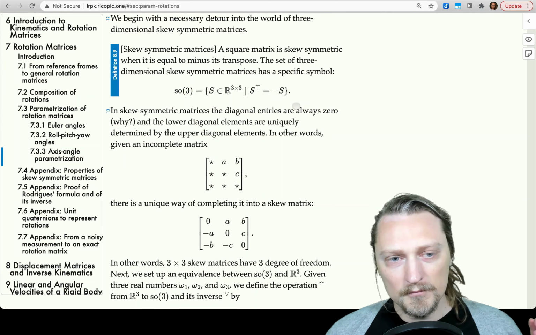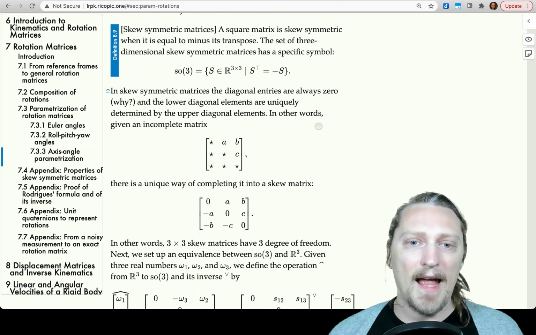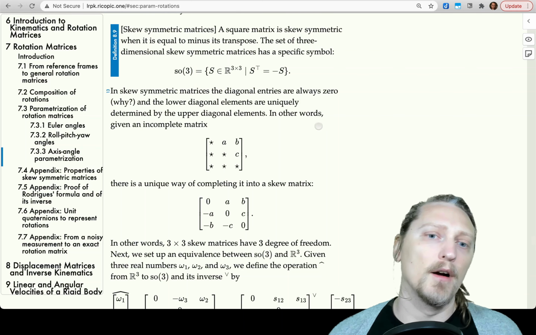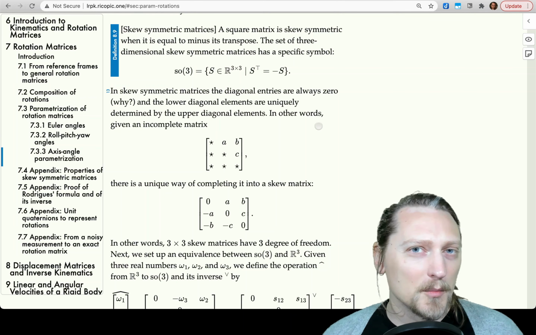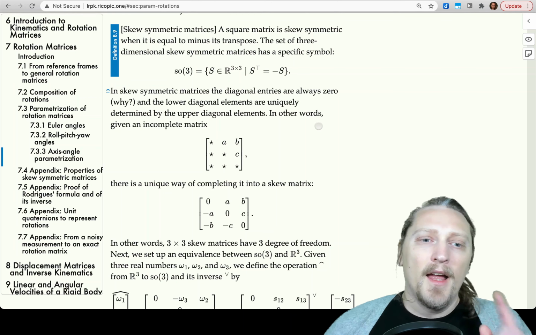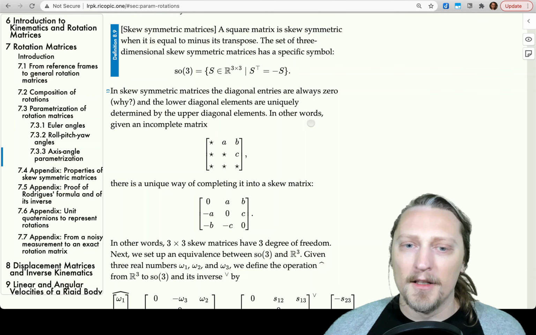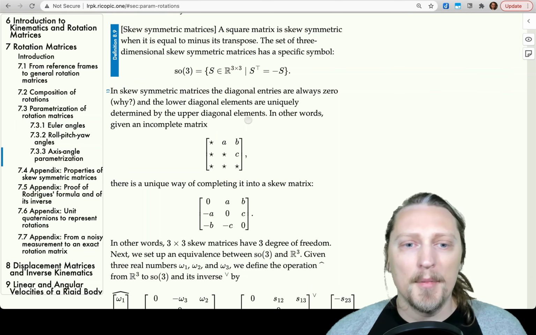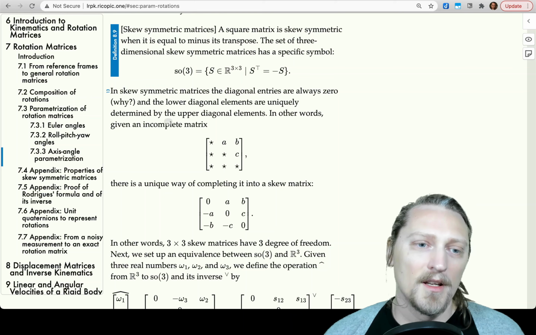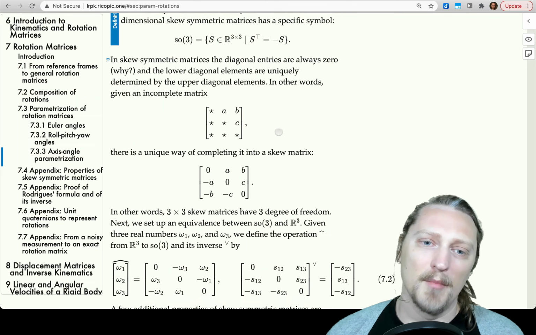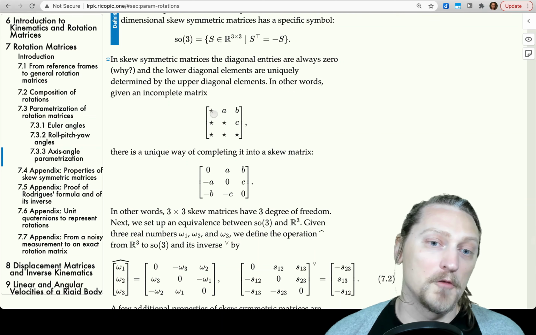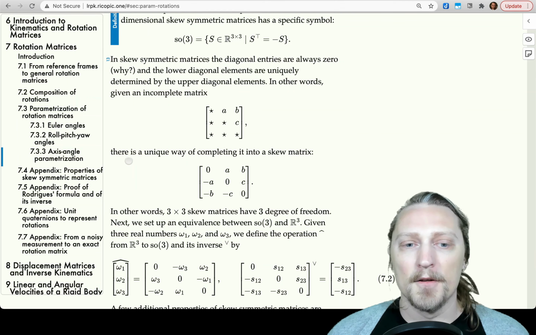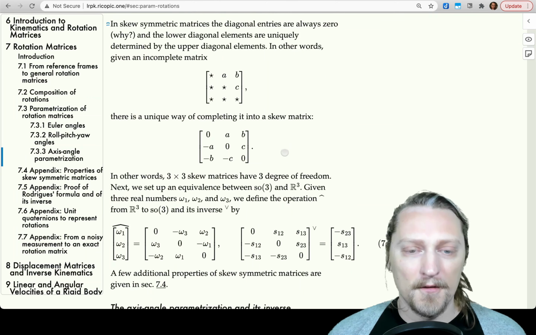Okay. In skew-symmetric matrices, the diagonal entries are always 0. Why does that have to be the case? Think about it for a minute. Think about the diagonal in particular. And the lower diagonal elements are uniquely determined by the upper diagonal elements. In other words, given an incomplete matrix with A, B, and C filled in, these stars representing just any other elements, there is a unique way of completing it if it is skew-symmetric.